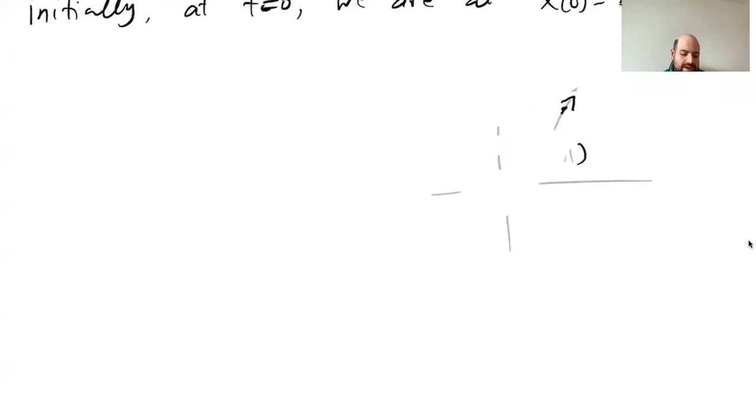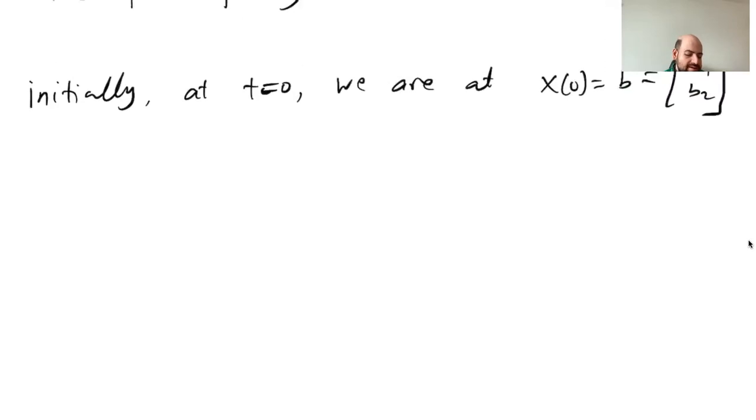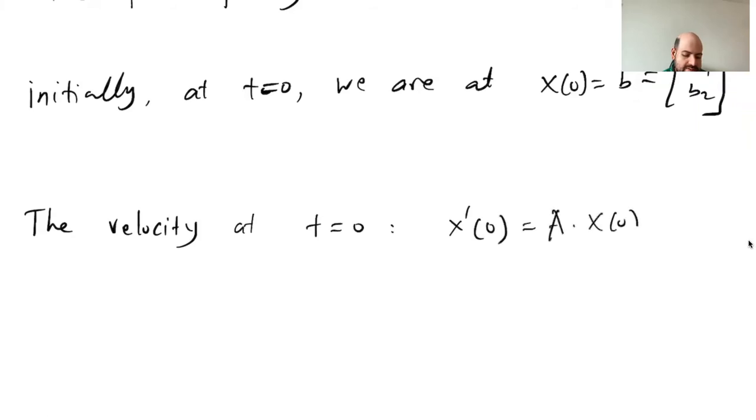So here we have the location at t equals 0, and then the velocity at t equals 0 is x prime at 0, which is a times x of 0, and x of 0 is b, so it's going to be a times b.